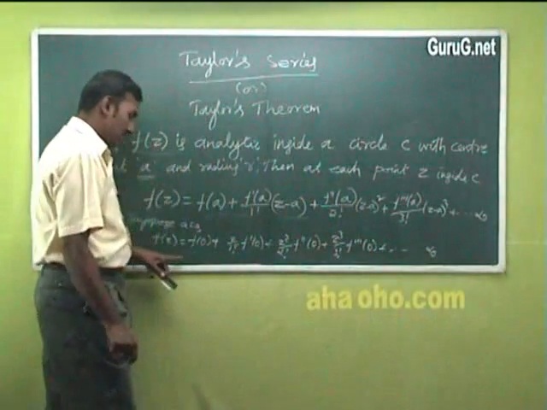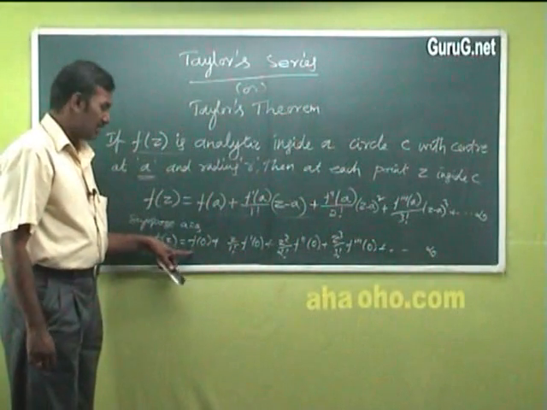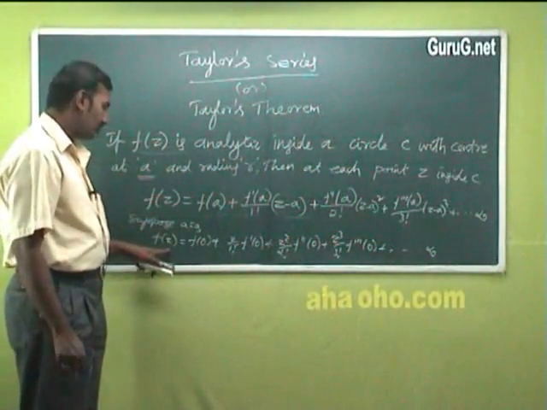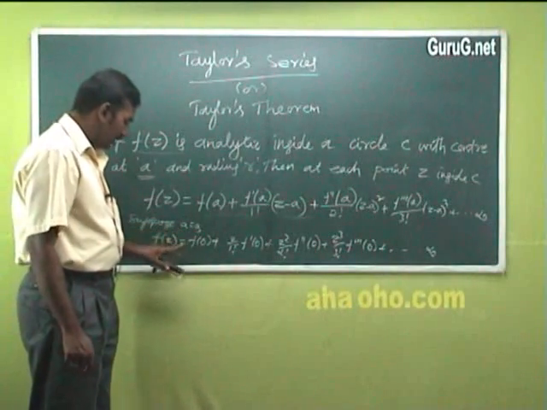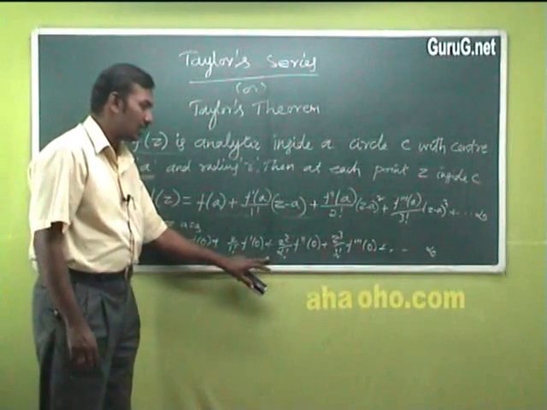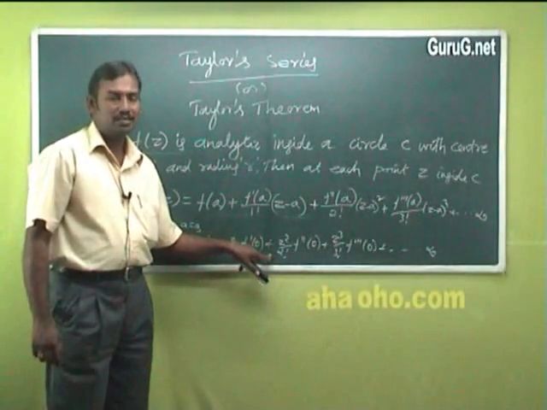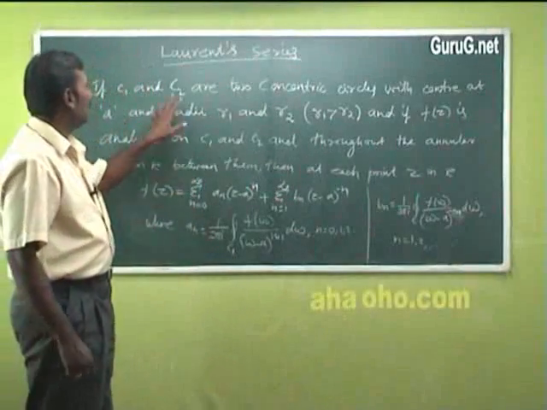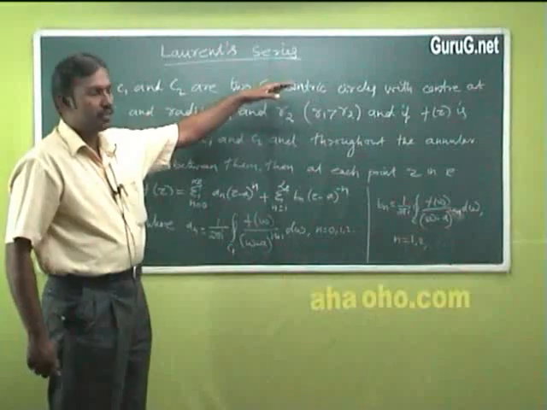So this series is called Maclaurin series. We have studied all this in plus 2. Near the point a equal to 0, we may get this result. So this result is called what? Maclaurin series. Next, Laurent series or Laurent theorem.